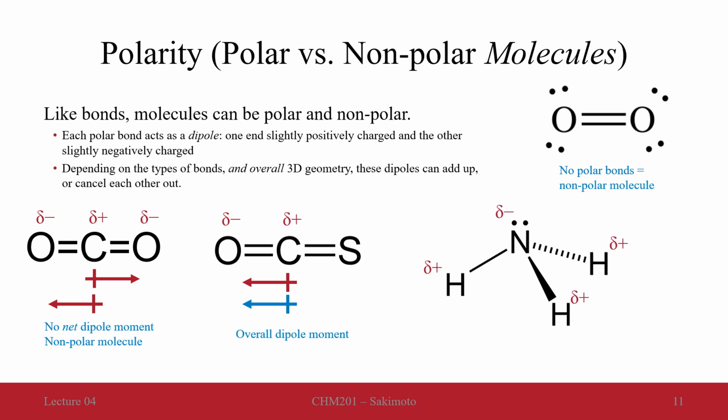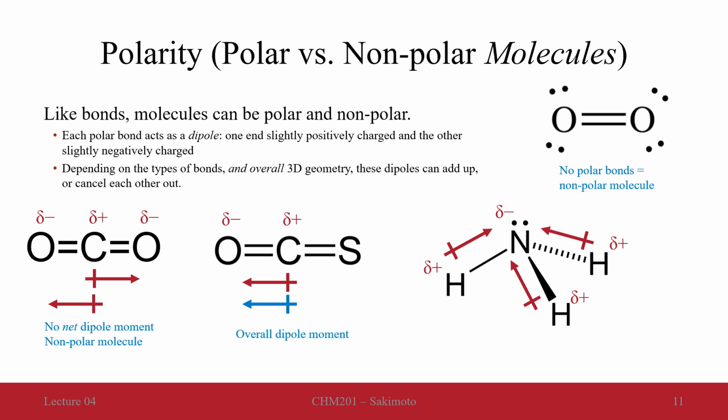If we look at something like ammonia, which gets a little more complicated because of its three-dimensional shape, this trigonal pyramidal shape has a positive side with the hydrogen side being slightly positively charged, and a negative side with the nitrogen side being slightly negatively charged.